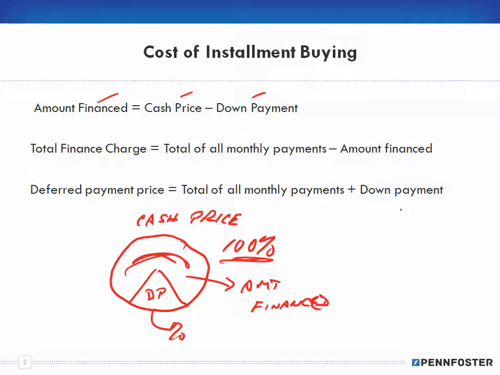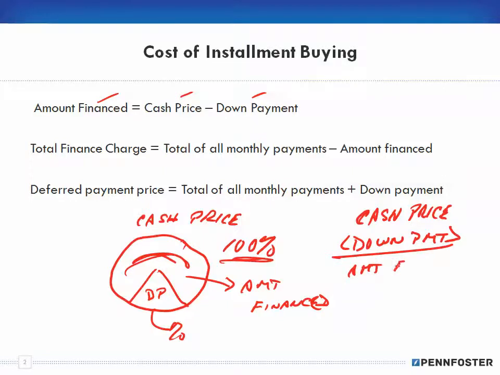I have the cash price here, and I subtract out the down payment, and that gives me the amount financed. In dollar terms, that's pretty easy to understand.